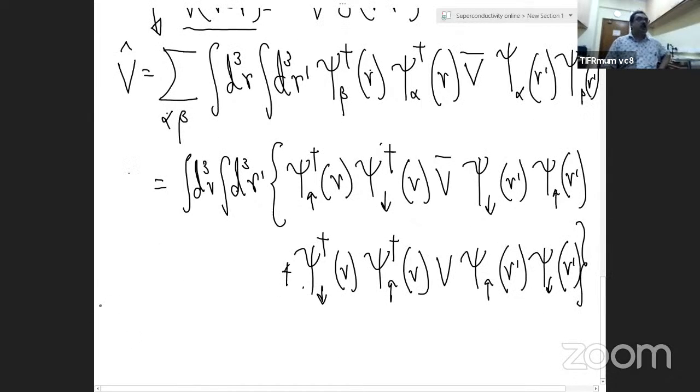All right. So now let us integrate and make use of the delta function. So I will get minus V here, dq bar here.